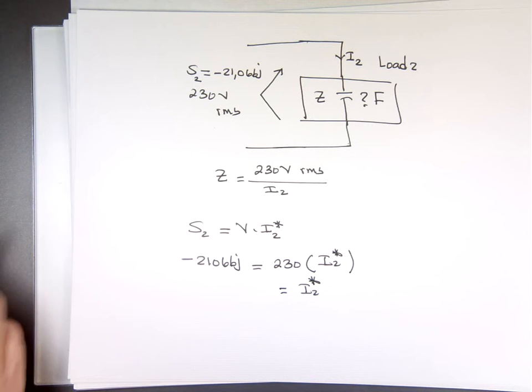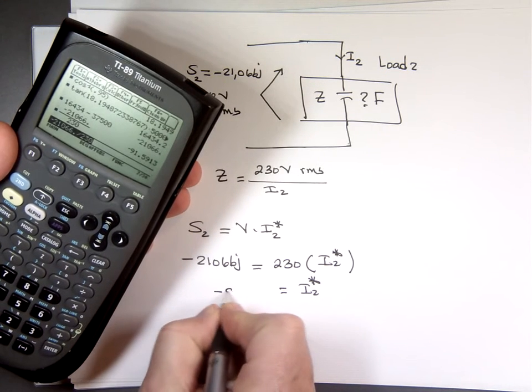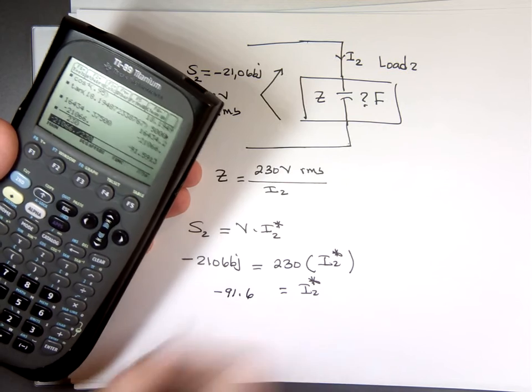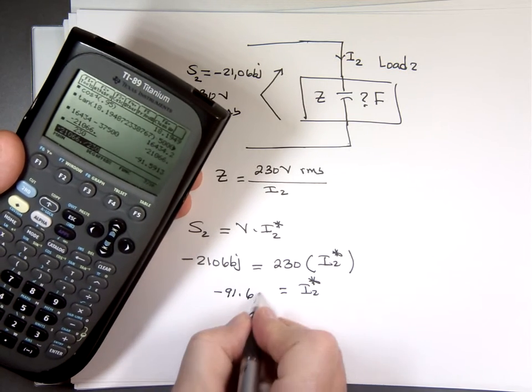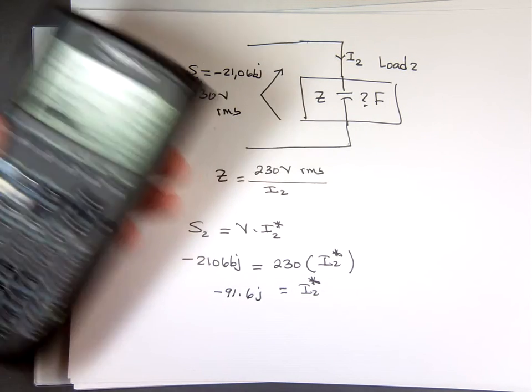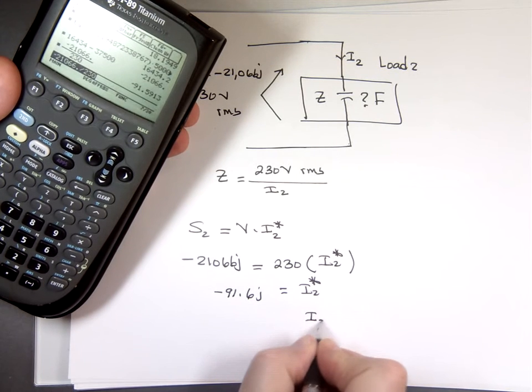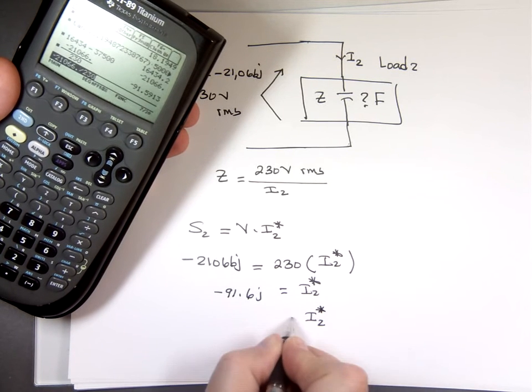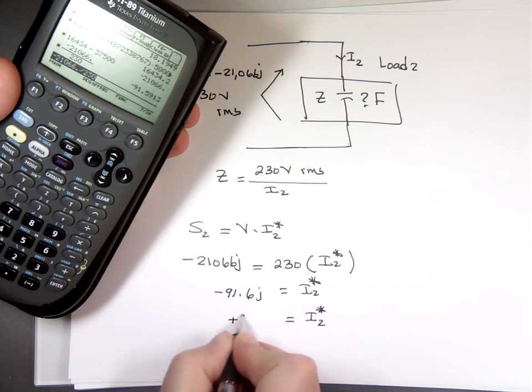Just divide that number by 230, right? And I came up with negative 91.6 J. So what is I sub 2? Positive 91.6 J.